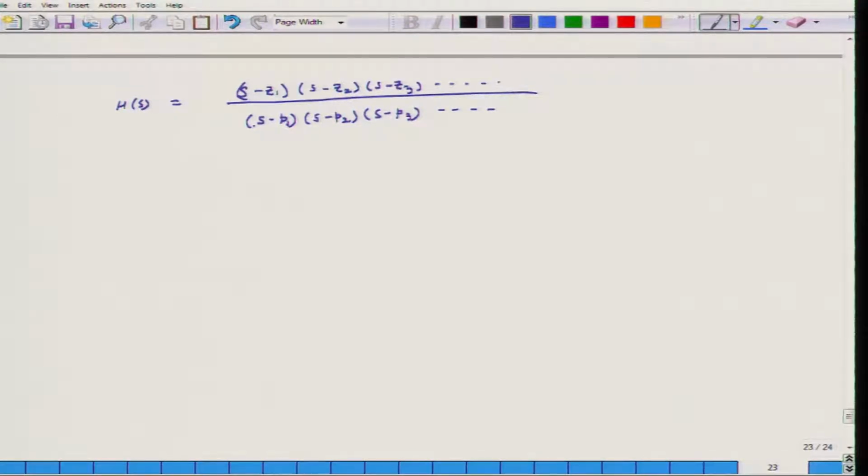Based on the discussions over the last 2 lectures, we have learned how to construct phase and magnitude Bode plots for simple zeros and simple poles. What we will do next, in the next week, is how to construct plots for real functions which are combinations of these zeros and poles.